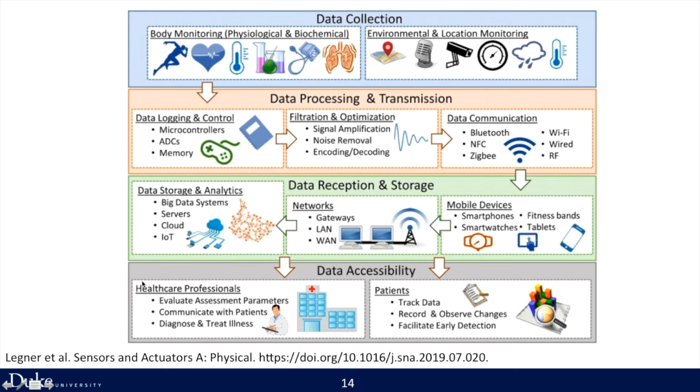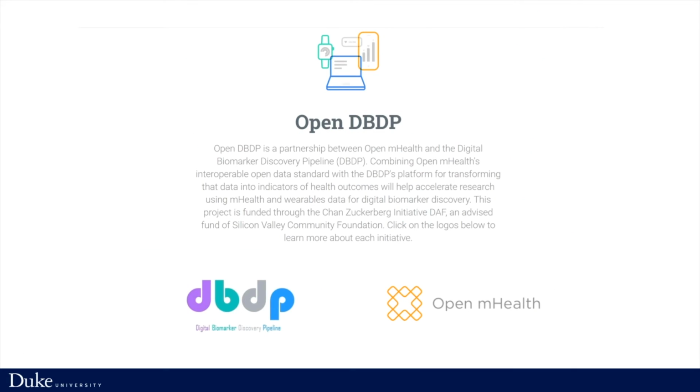And with that, there are several challenges along the way, and a few of those I've mentioned, but I do want to bring up this project called the Open BDP that we've been leading alongside a team at UCSF that is developing the Open mHealth platform.